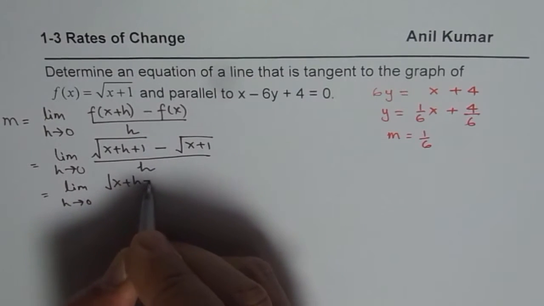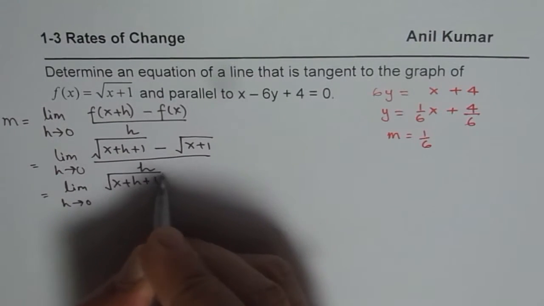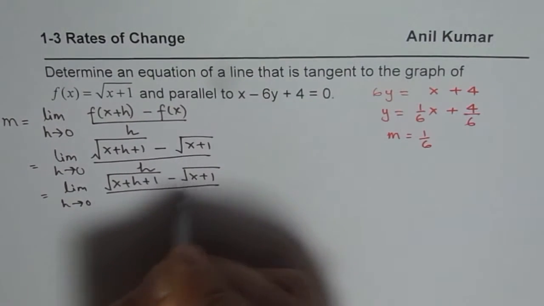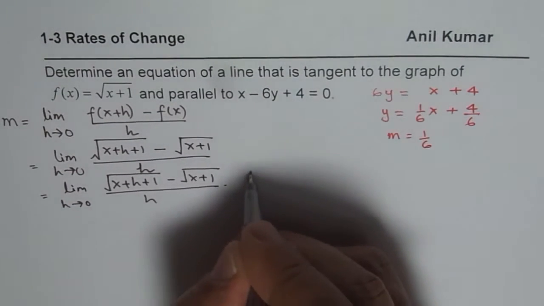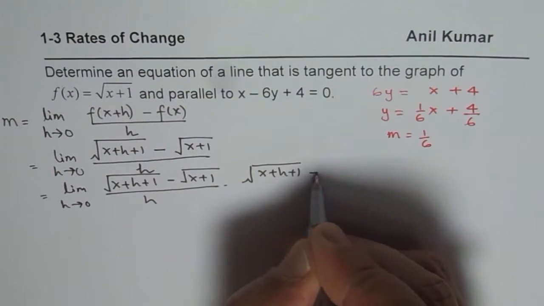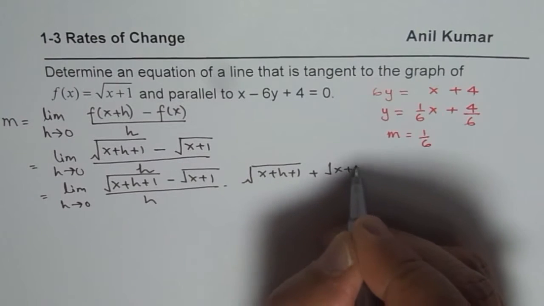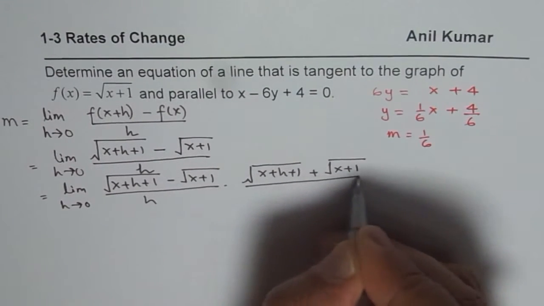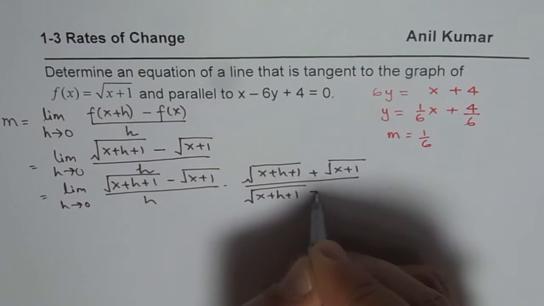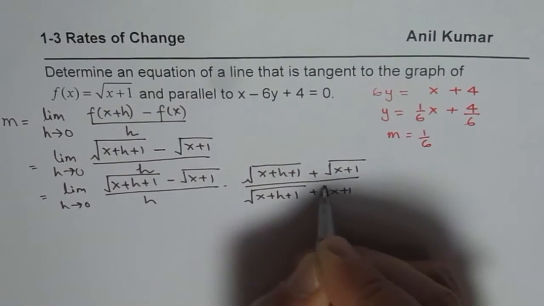We have square root of x plus h plus 1 minus square root of x plus 1, over h. So we'll multiply and divide by square root of x plus h plus 1 plus square root of x plus 1.